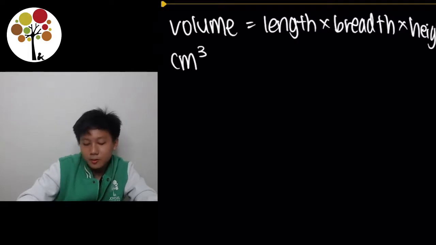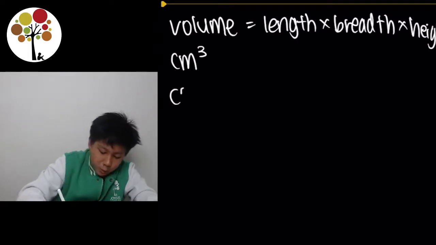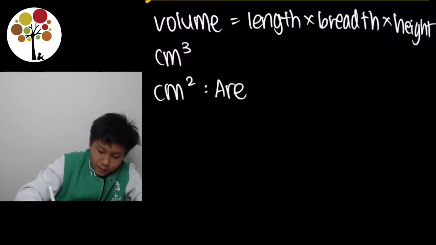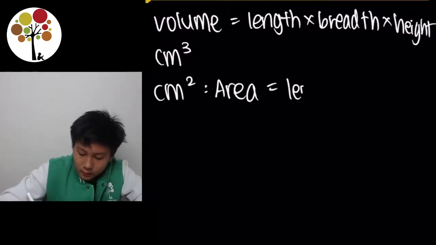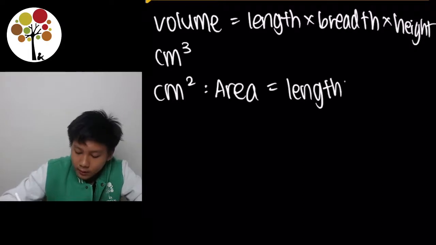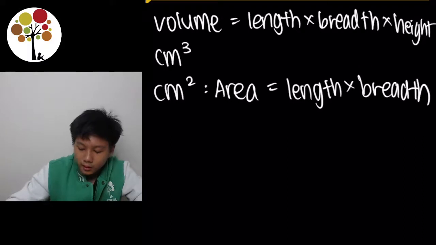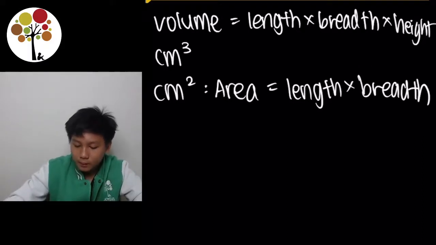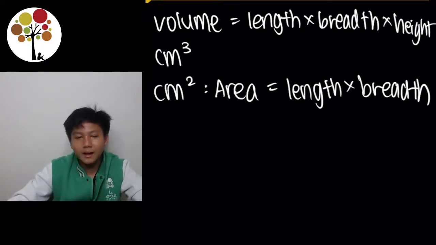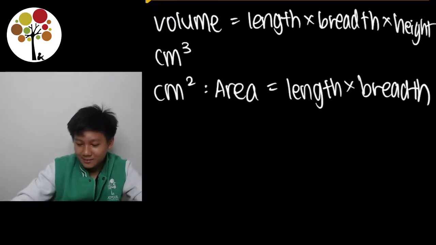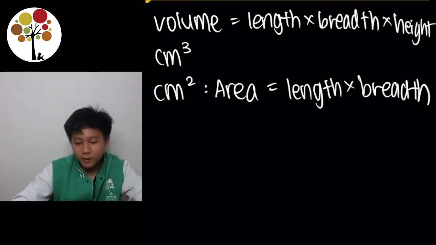Sometimes I get confused cm cube with cm square, which is the area. Area is equal to length times breadth without the height. So don't get confused because they may be quite similar, and I got confused myself at first. So just be careful when you are encountering these types of questions.